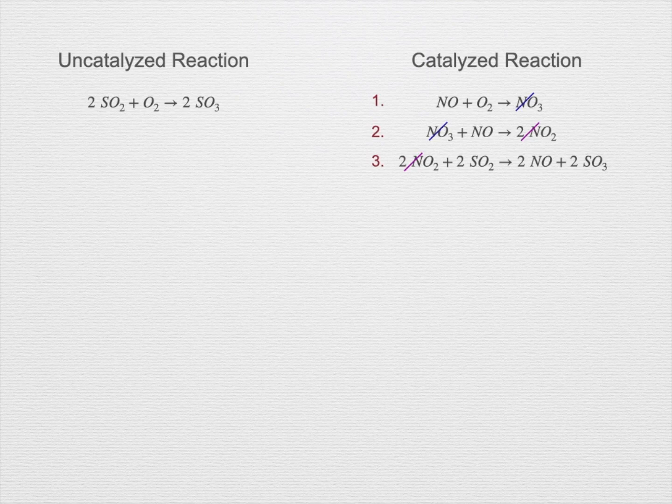It is first consumed as a reactant in both steps 1 and 2, and then is produced back in the last step. NO is a catalyst in this reaction. It does cancel out from the final balanced equation. But if we consider step 1 to be the rate-limiting step, then the reaction rate is this, just involving the concentration of oxygen and nitric oxide. The sulfur species doesn't even appear.